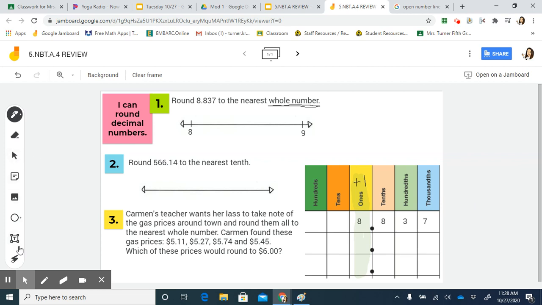Now I'm going to put some other numbers underneath my baseline number. I also know that this is the same as 8.0 or 8.00 or 8.000. So why did I put 3 zeros behind there? Why would I want to do that?